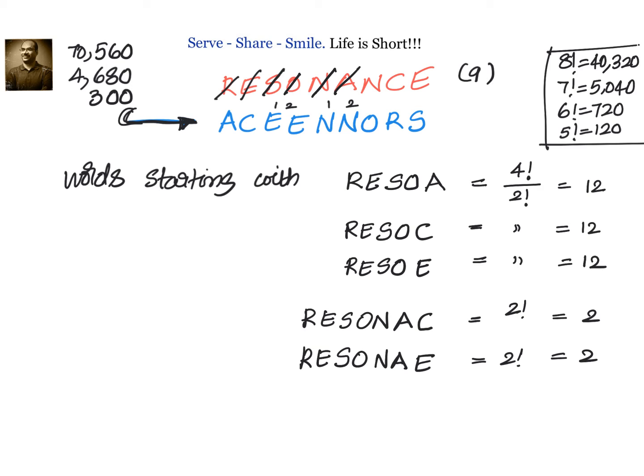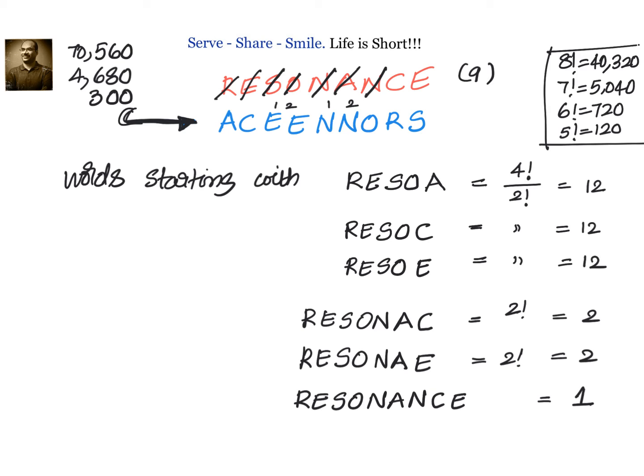Now once I get my N, I will go back and strike it off. Then I will come back here, write down RESONAN. Now when I come back here, I see first C. RESONAN, then I see C. After that, I have immediately E. So that fits into exactly the correct word what we want.